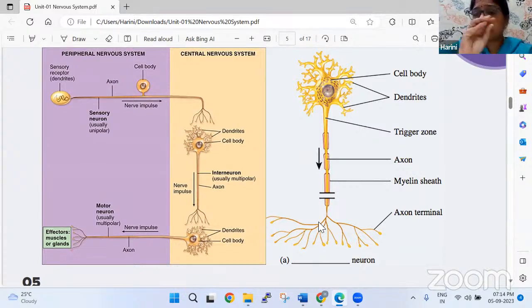But I'm telling you it's carrying information, but how is it carrying? It needs some vehicle, right? So we call that vehicle a neurotransmitter. The vehicle which carries the information saying that there is some change here is the neurotransmitter. Neurotransmitters are nothing but chemical substances.